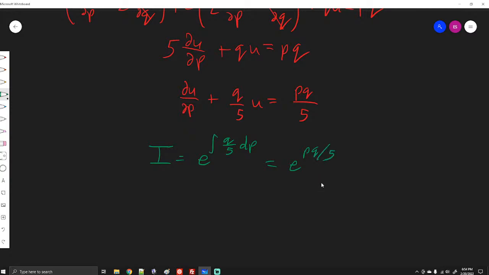This is my integrating factor, and now I'm going to multiply both sides of this transformed PDE by I, and that gives me e to the pq over 5 partial of u with respect to p plus q over 5 e to the pq over 5 times u equals pq over 5 e to the pq over 5.